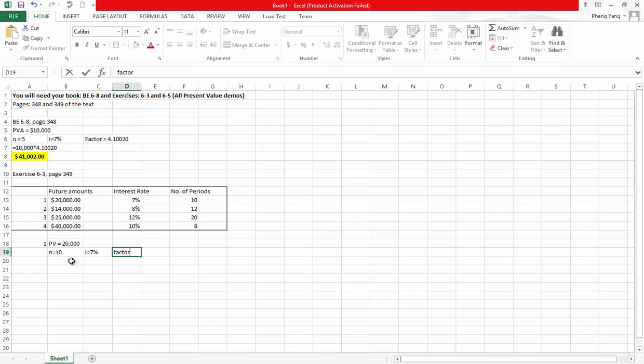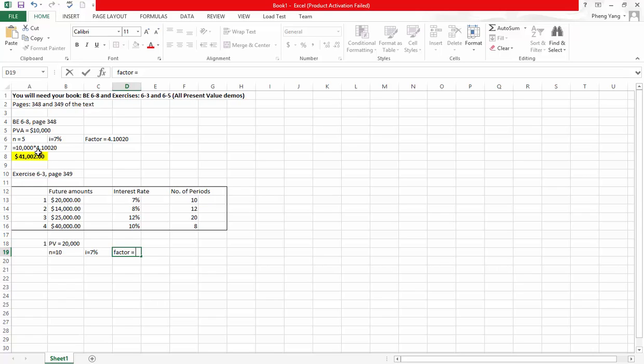And for my factor, because we're looking for the present value of a single amount, we're going to be using table 2. If you look at table 2 on page P-2, the description says the table is used to calculate the present value of any single amount. So only one amount, unlike the previous one where we had the same amount paid at the end of each period.